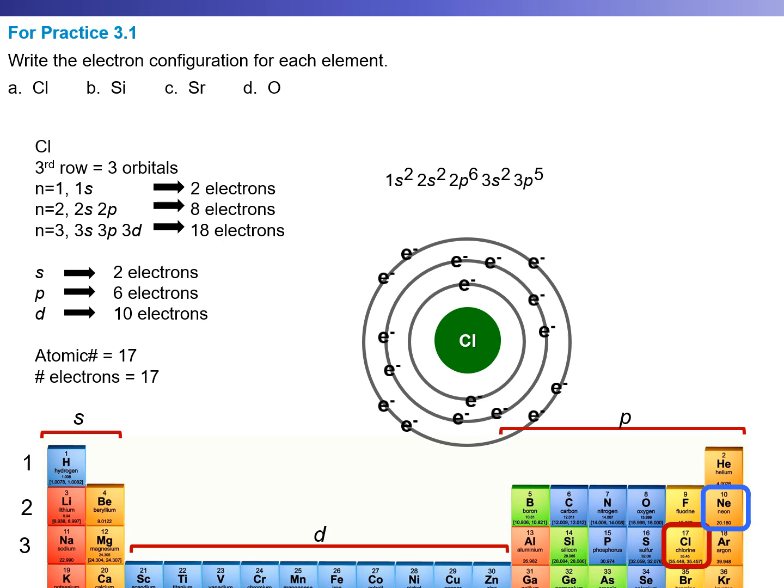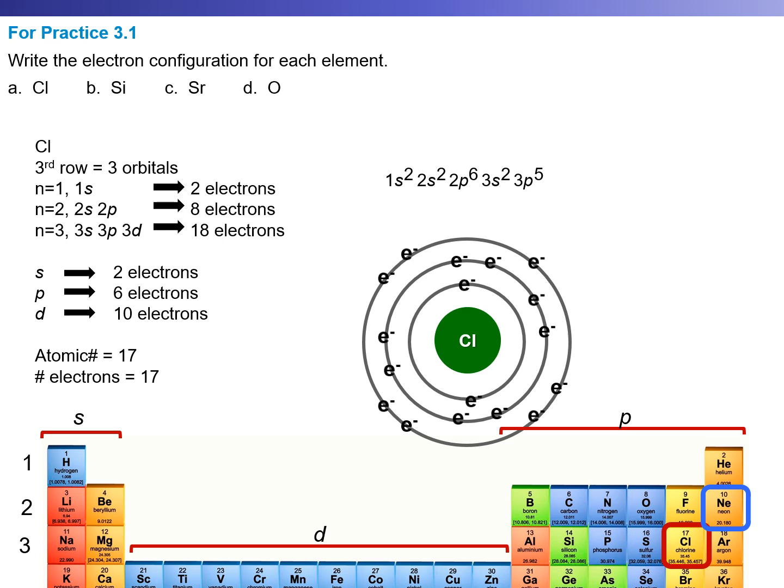Everything we see in this last column is special because they all have full valence shells. Helium has a full first orbital. Neon is full all the way through the 2p. Argon is full all the way through the 3p.